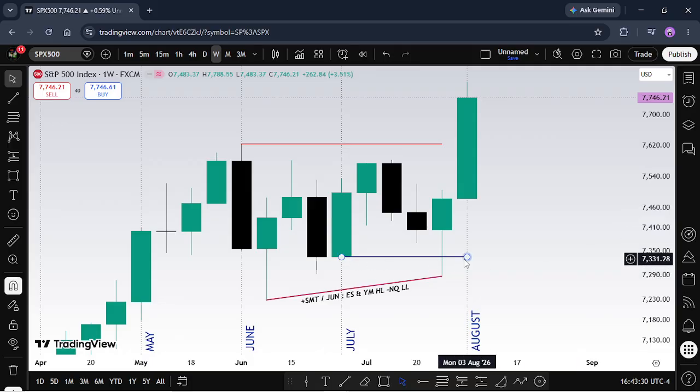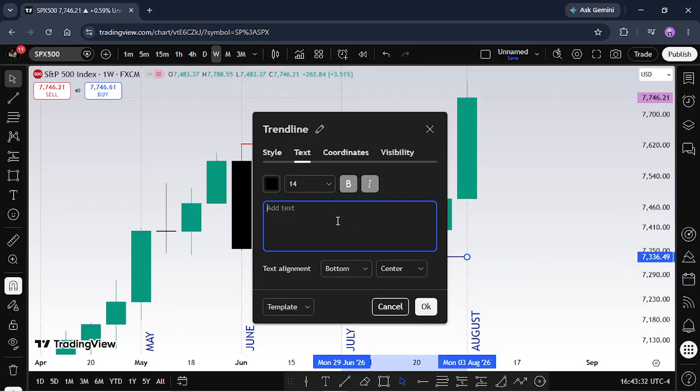July low taken on all. Yeah, I'm gonna put that on the right side.